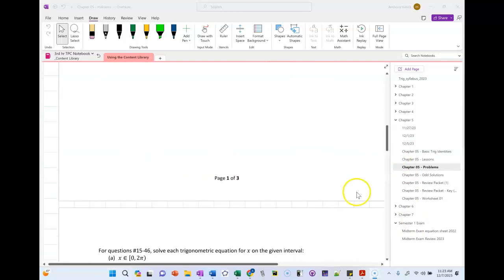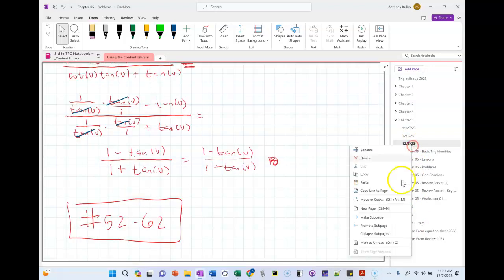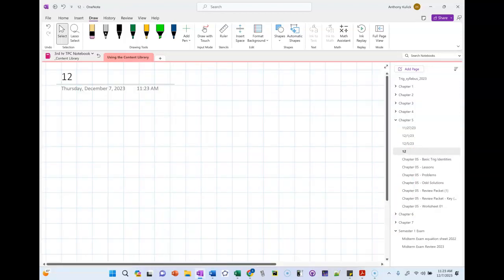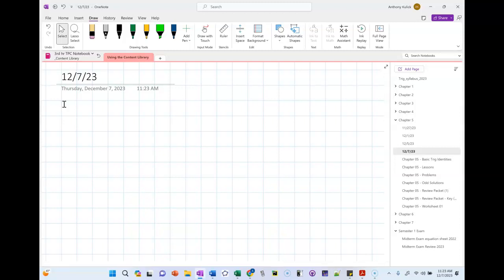Today is going to be a little bit of a hodgepodge of stuff. I'm going to talk about some simple solving problems for 15 or 20 minutes.